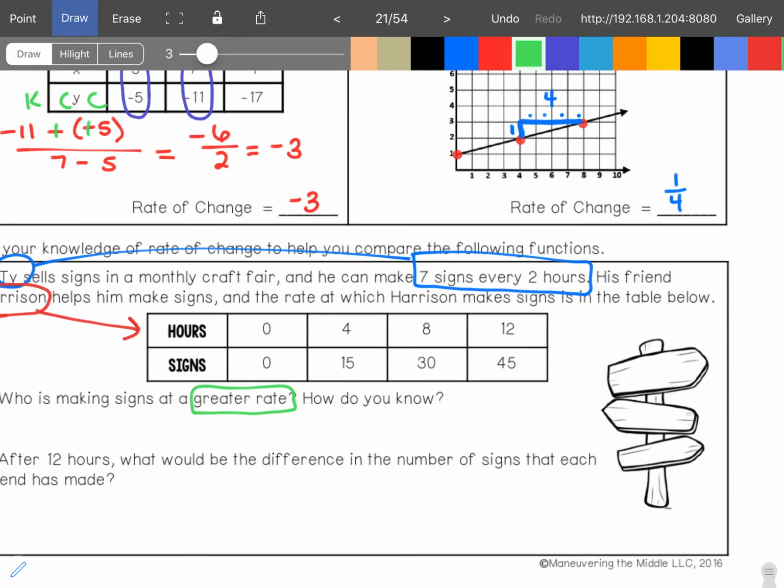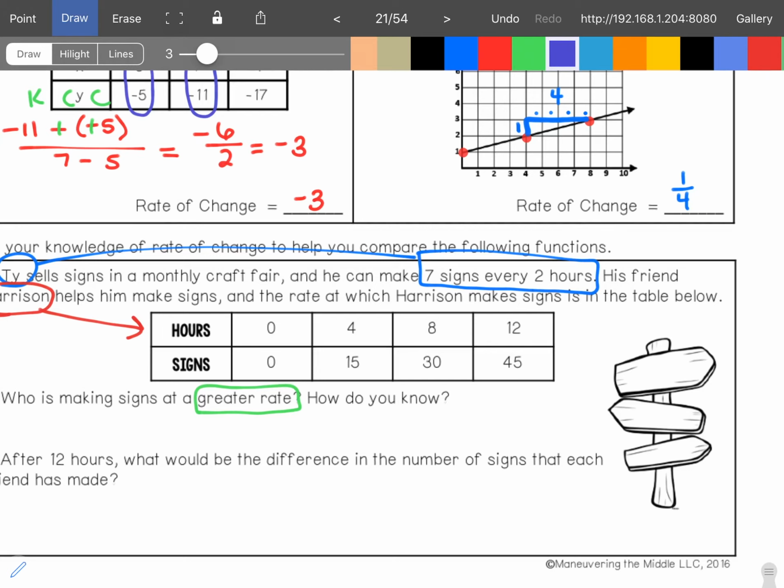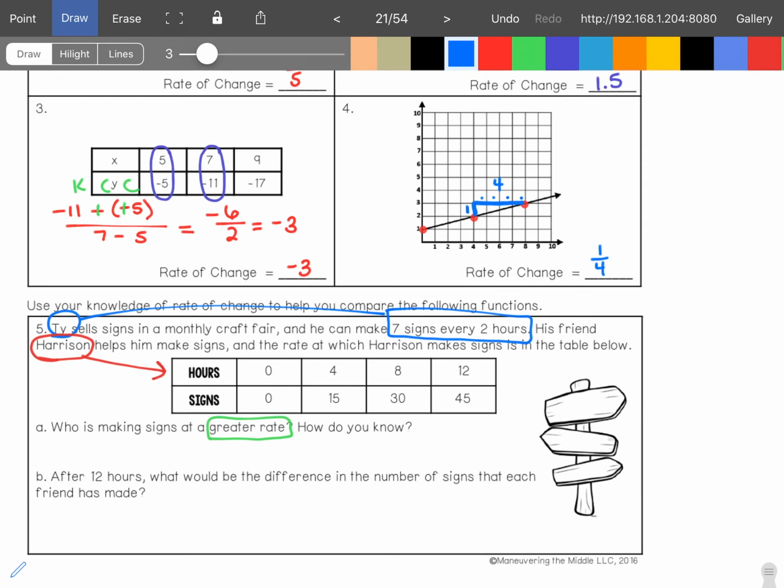However, if we want to look at this as a rate, like what we've been doing, I think it would be best if you looked at it like this: 7 signs in 2 hours. That would divide to 3.5, which means he can make 3.5 signs in 1 hour, which really, he's not going to make half a sign, but he's almost to the next sign.